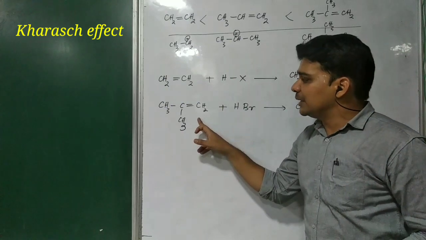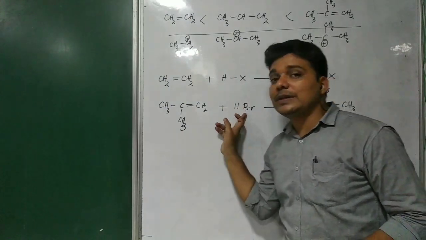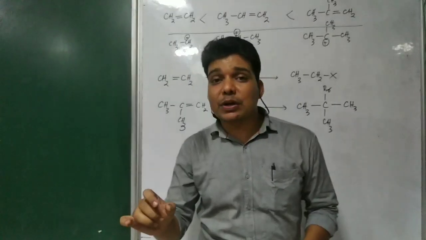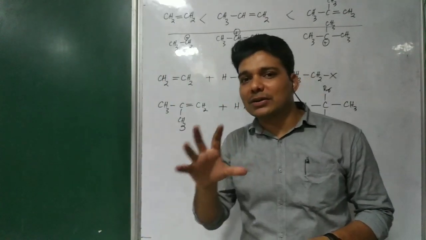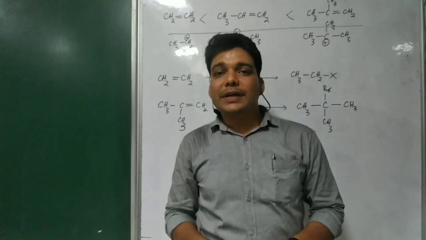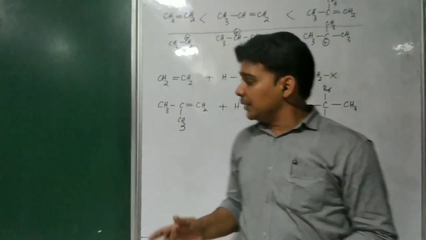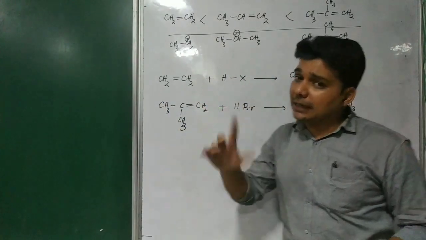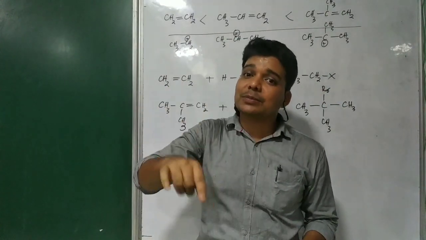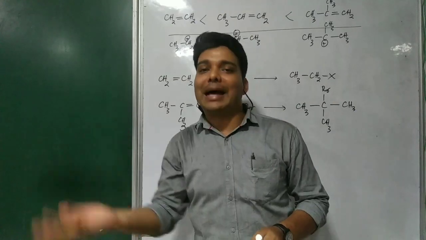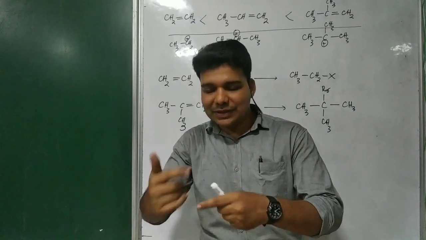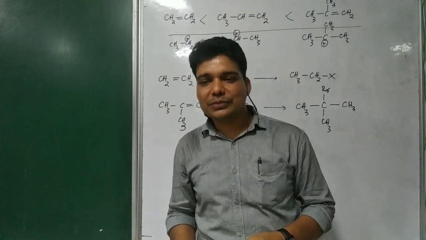Whenever any unsymmetrical alkene is added with HBr in the presence of peroxide, some organic peroxide, benzoyl peroxide is generally taken. In the presence of peroxide, if this addition reaction is carried out, then your major product is obtained in anti-Markovnikov manner. That is the reverse of Markovnikov's rule.